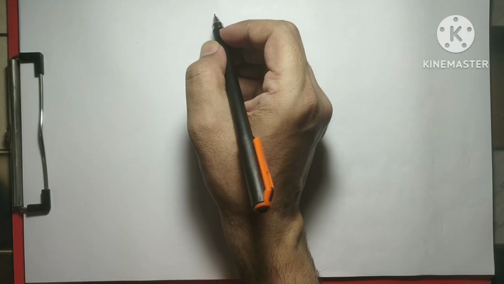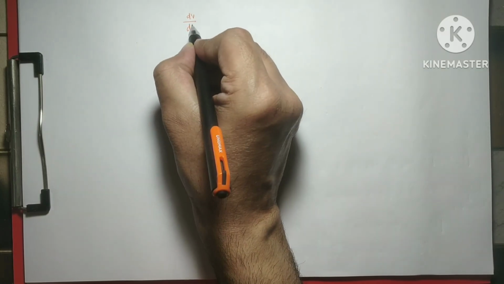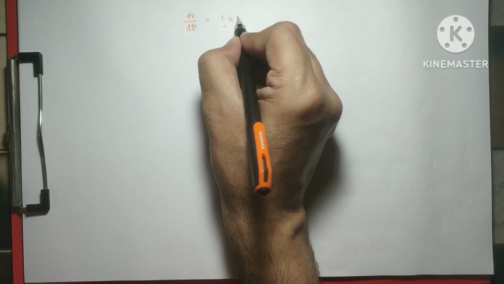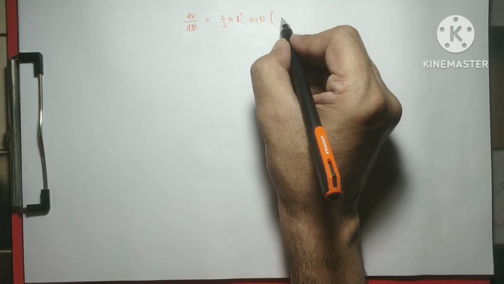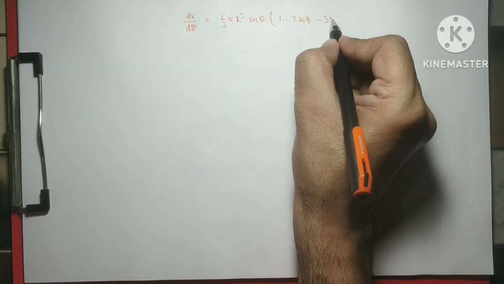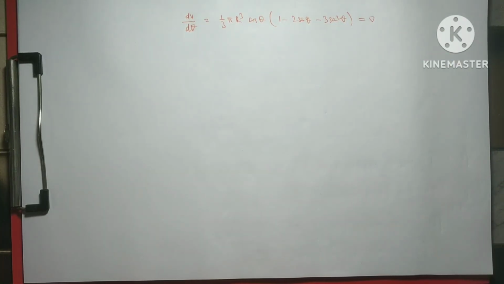Now we put the first derivative dV over d theta, which is 1 over 3 pi r cube cos theta (1 minus 2 sin theta minus 3 sin square theta), equal to 0. So solve this.